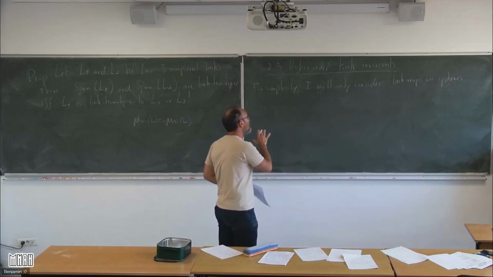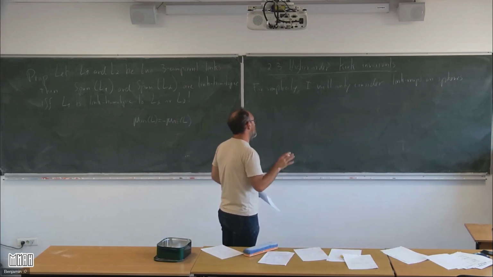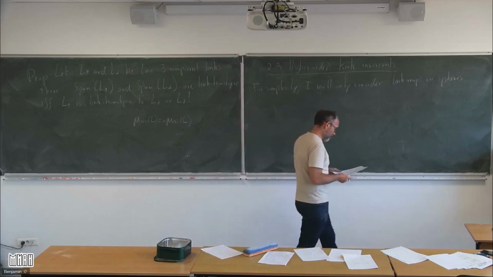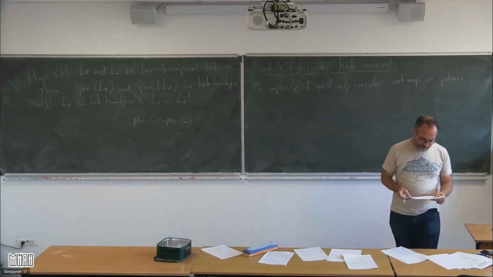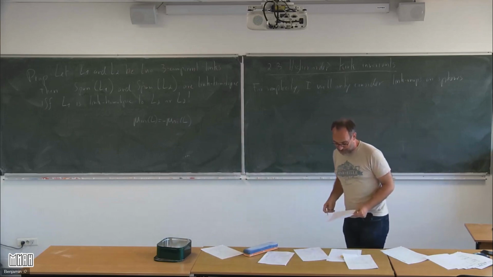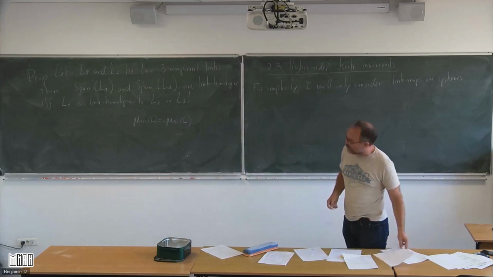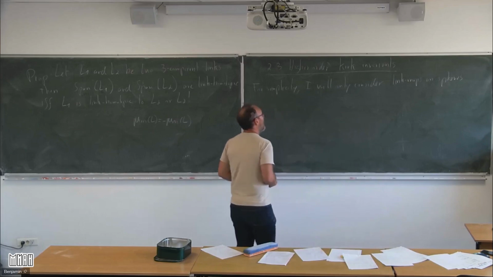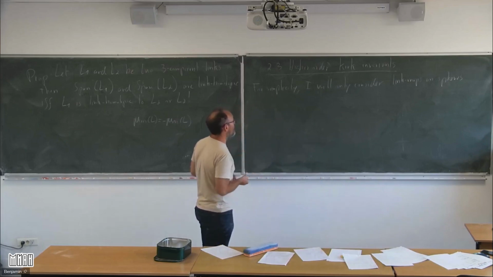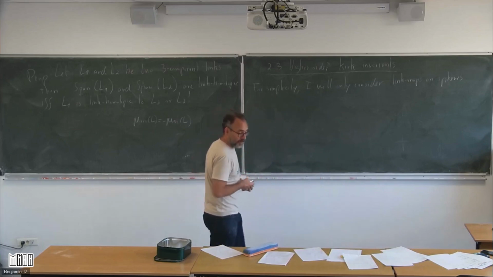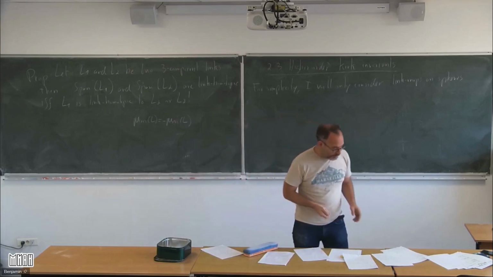Actually, it is possible to deal with them, but then you have some more involved indeterminacy. So I think it's better here to just focus on the case of spheres. And I will define an invariant for link maps.